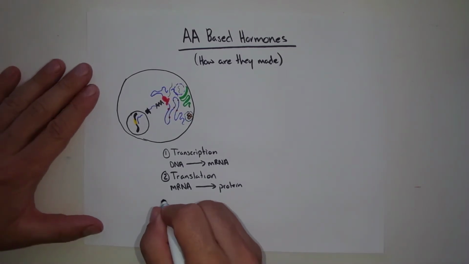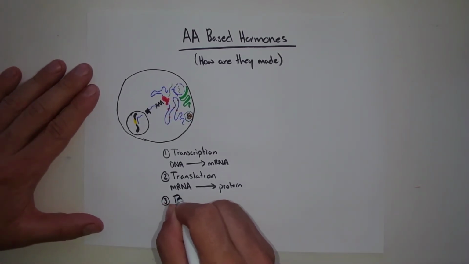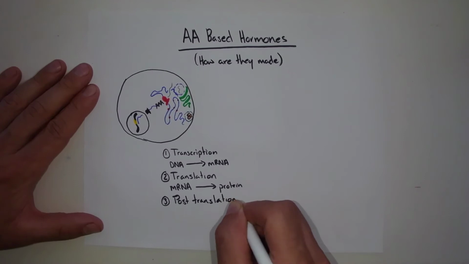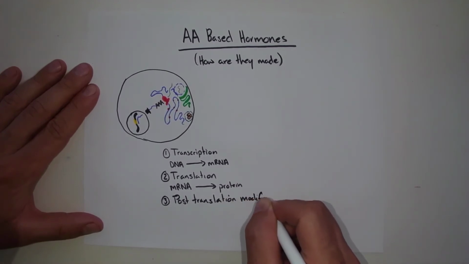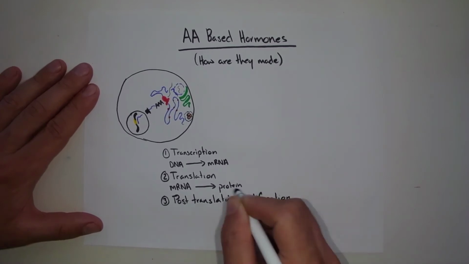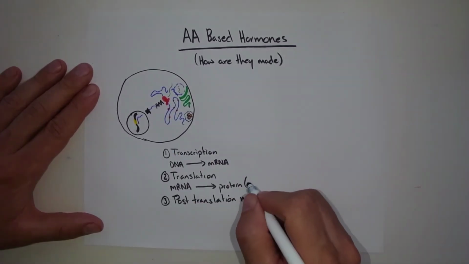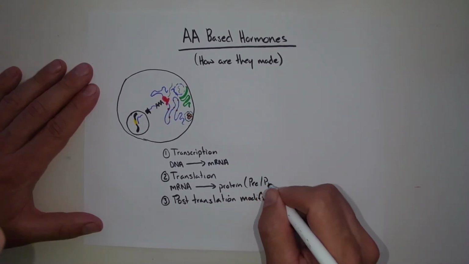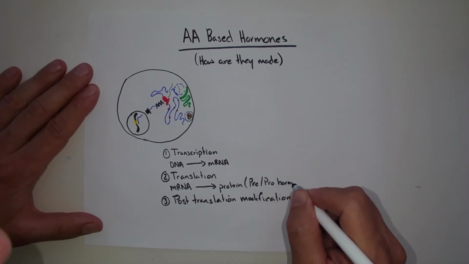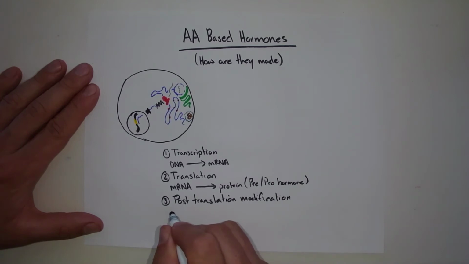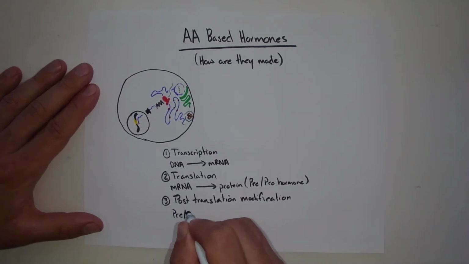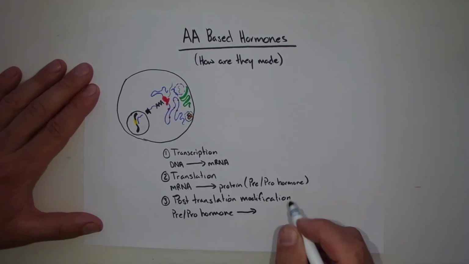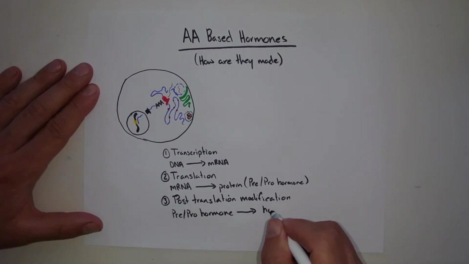So, after translation, we have post-translational modification, where we take this protein, which in this case would be known as the pre or maybe pro hormone, and we are going to take that pre-pro hormone and change it to its final hormone.